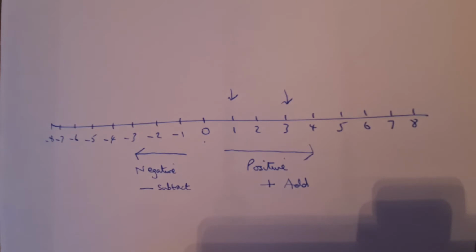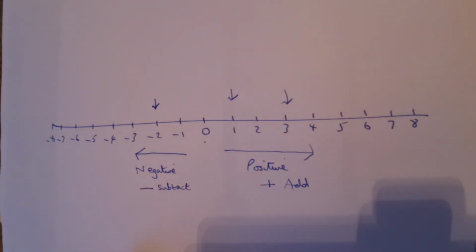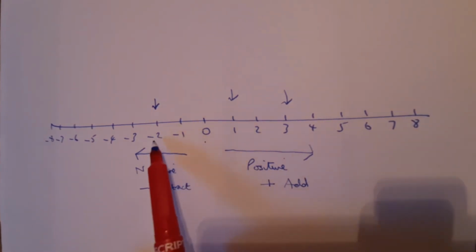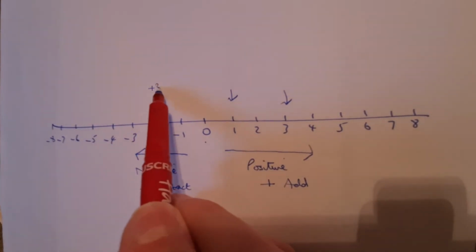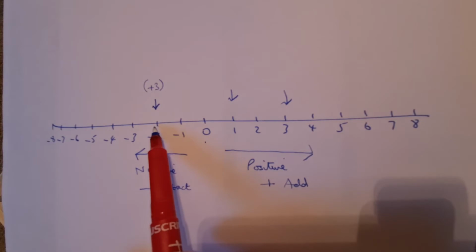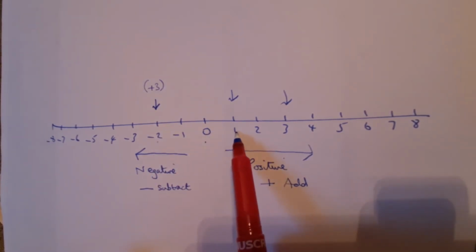Let's have a look at it on the negative number side. So if I've got -2 and I want to add 3, remember when I'm adding, I'm moving to the right. So I start from here. If I want to add 3, I go 1, 2, 3.